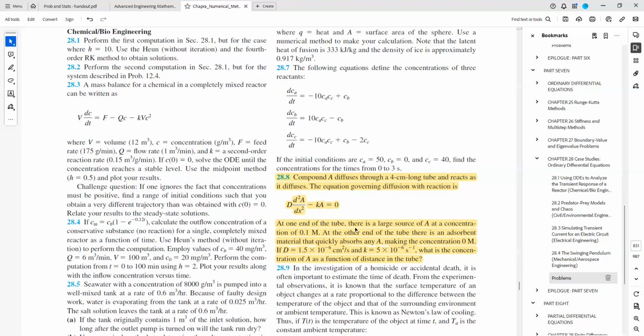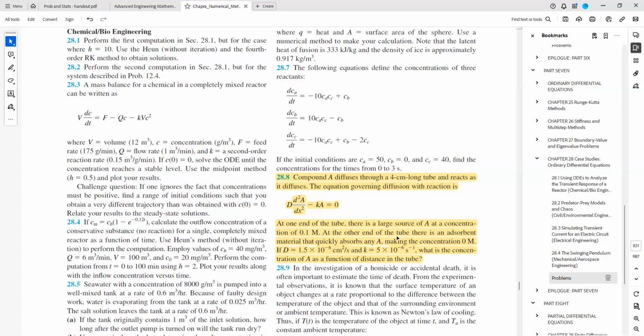At one end of the tube, there is a large source of A at a concentration of 0.1 moles. So if we set up a domain, which is x equal to 0 and x equal to L, at x equal to 0, there is a concentration of 0.1 moles. So A value here is 0.1 moles.